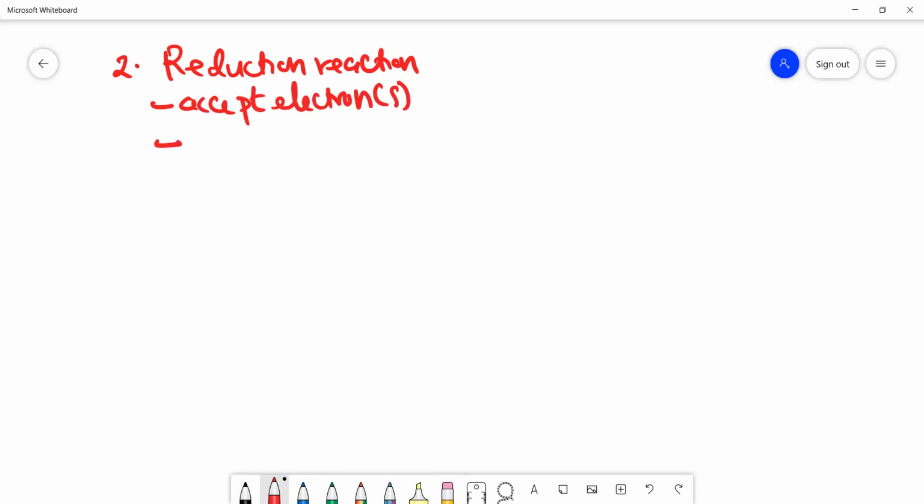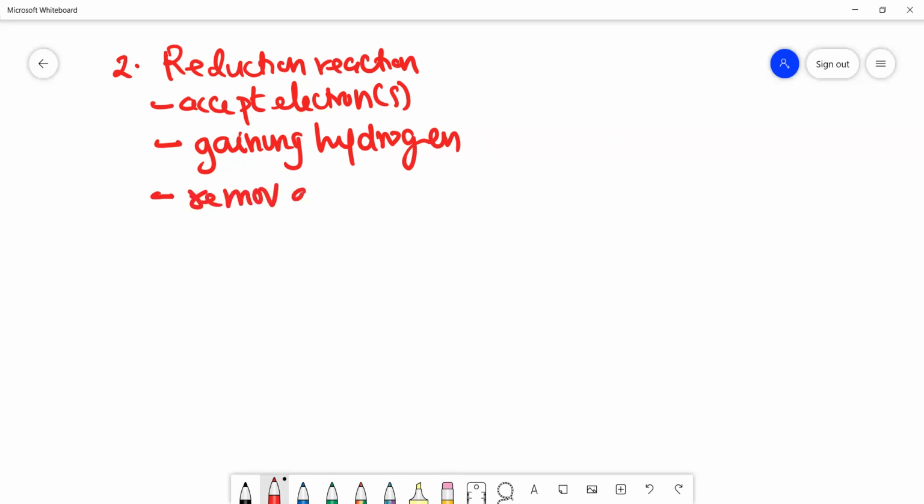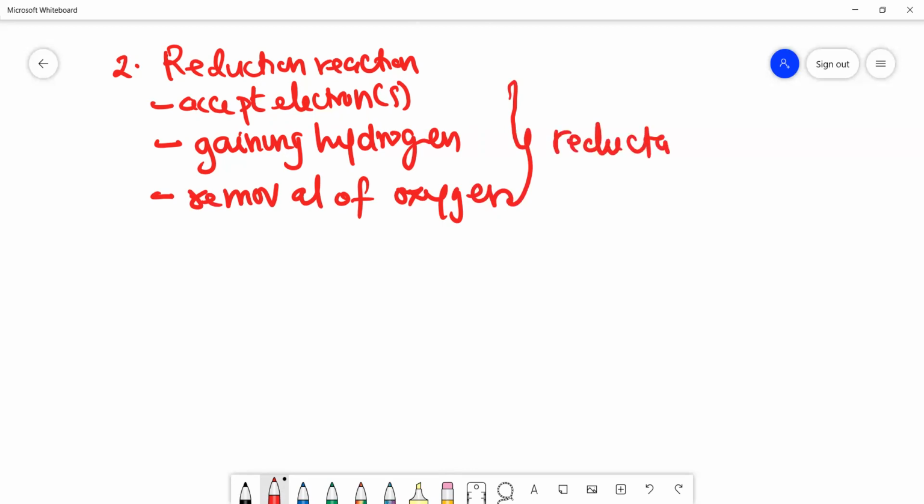Two, you are gaining hydrogen. And three, you are having a removal of oxygen. Now, if any of this happens, then we are looking at reduction. So essentially that is what occurs.